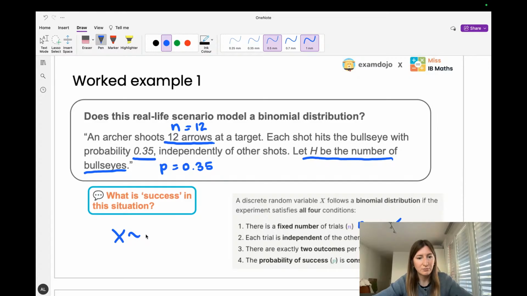Yes, it's a binomial distribution. Oh, sorry, we actually are not with X. They've told us it's H. So our variable H is distributed binomially with n equals 12 and probability 0.35. All right, and then you would have a mark for showing that. That shows that you understand it's a binomial distribution.